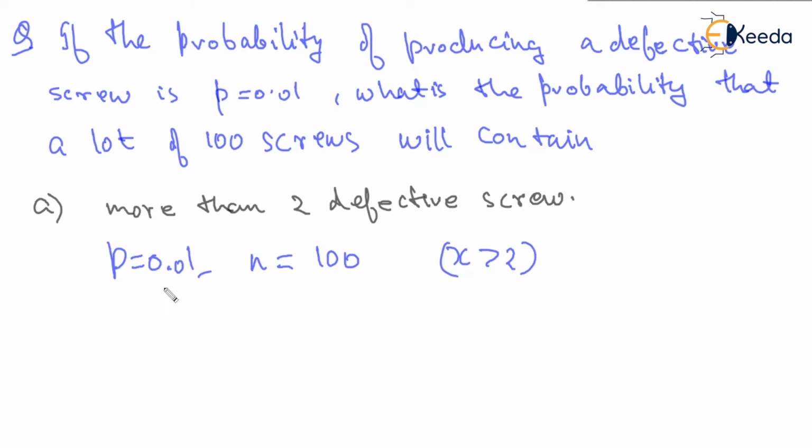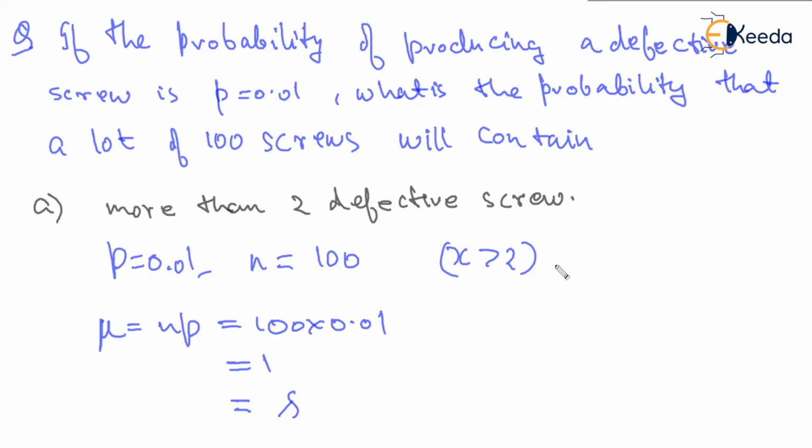We can see that the rate of success is very small and the number of things present is very large. So instead of using binomial, we'll be using Poisson distribution, and the mean value will be given as NP, which is 100 into 0.01, which is 1, and this will also be equal to lambda.